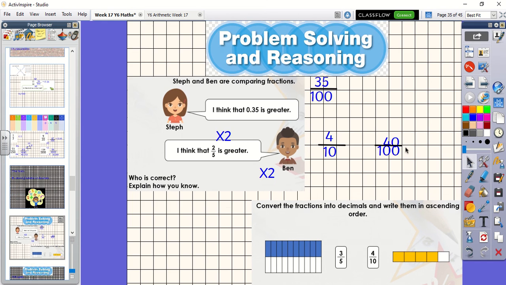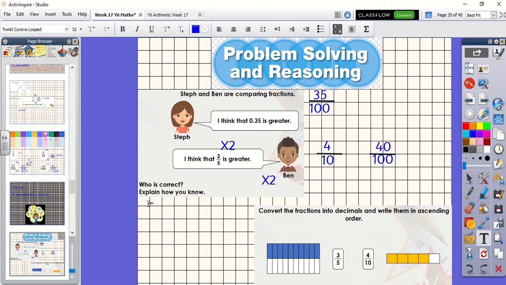Now I have got 2 fractions that I can compare. I've got 35 hundredths or I have got 40 hundredths. So which is greater? Which numerator is the greatest? 40 hundredths is the greatest.